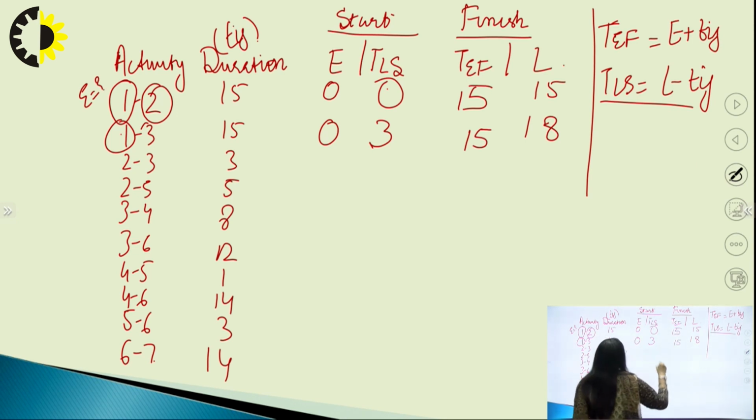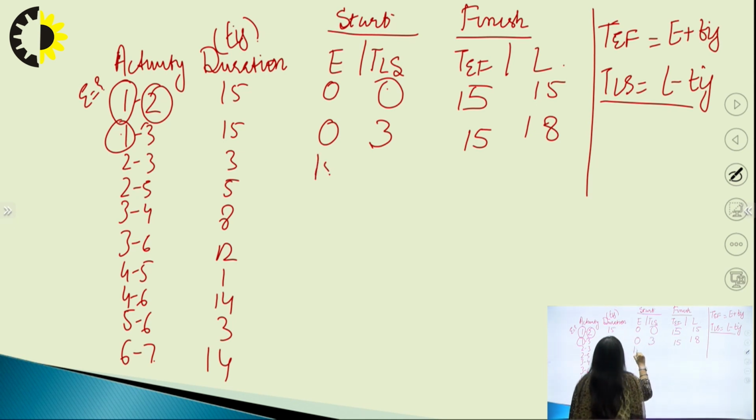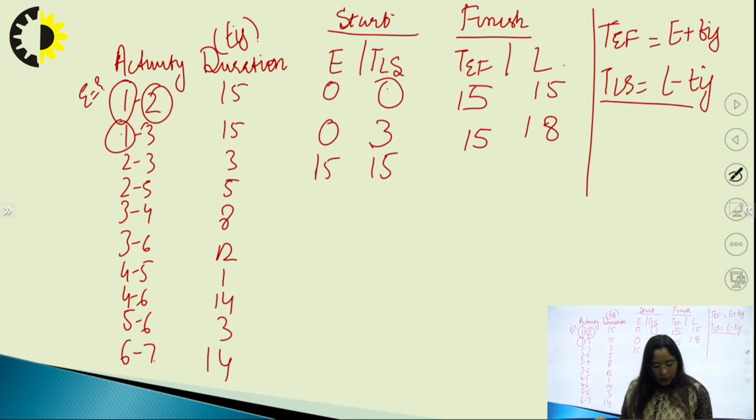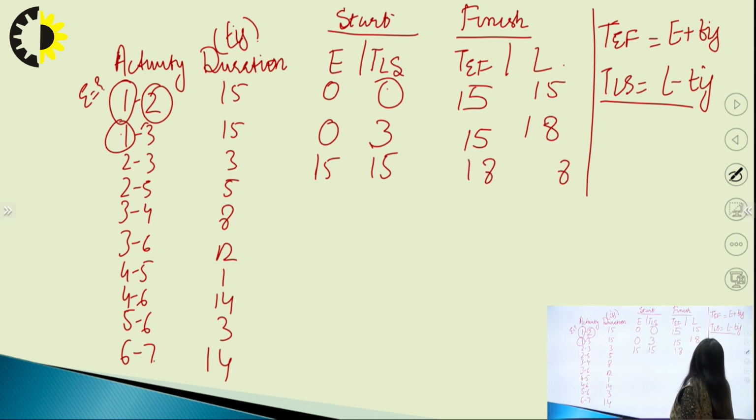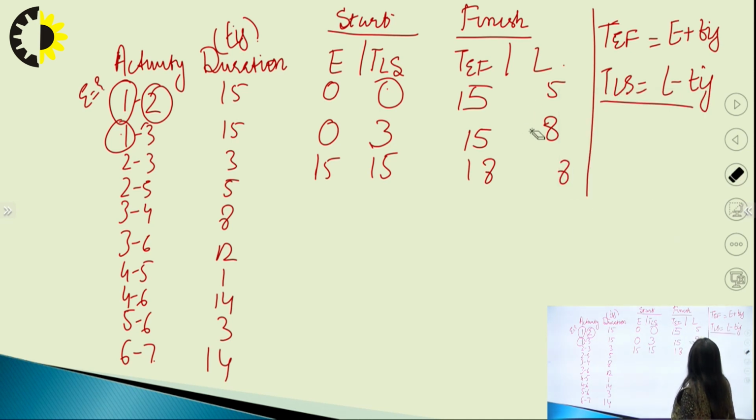In this way, we can find out all the values of E, TLS, TEF and L. I will write down all the values, that is 15, 15, 18, 18. This is the value of L.